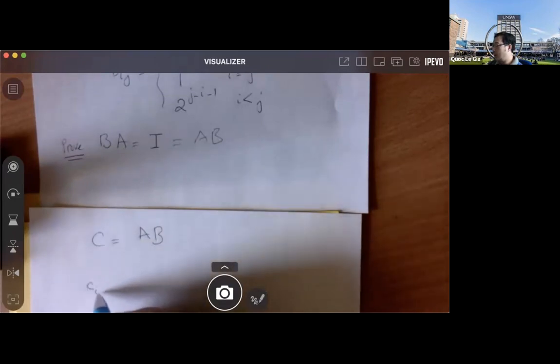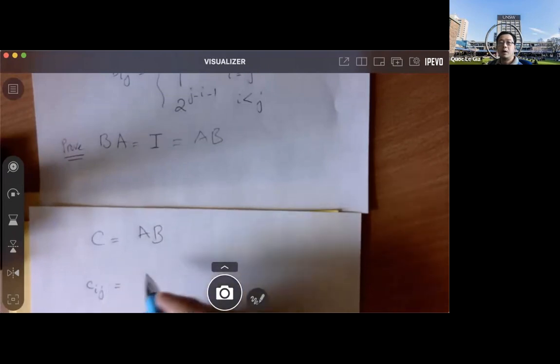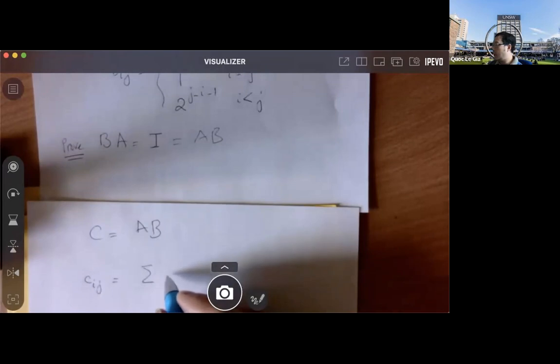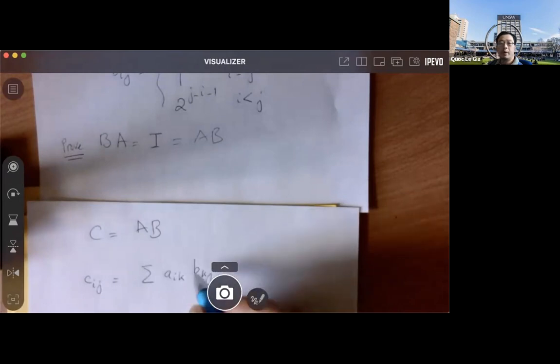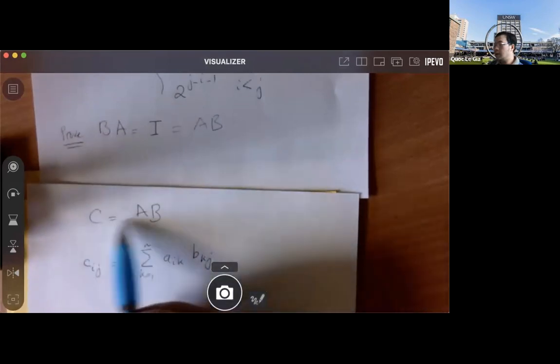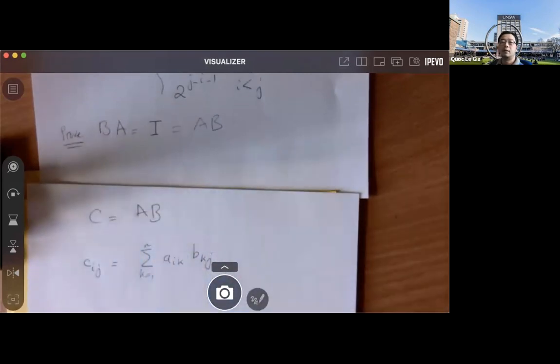So Cij can be computed by the formula, the sum of Aik, so you take the ith row, multiply with the jth column of the matrix B, where k runs from 1 to n. So somehow we have to show that C is an identity matrix, right?